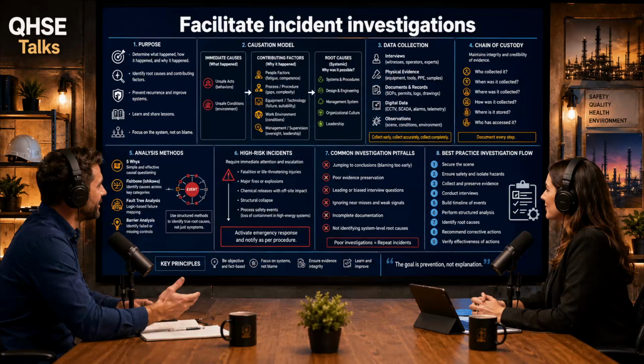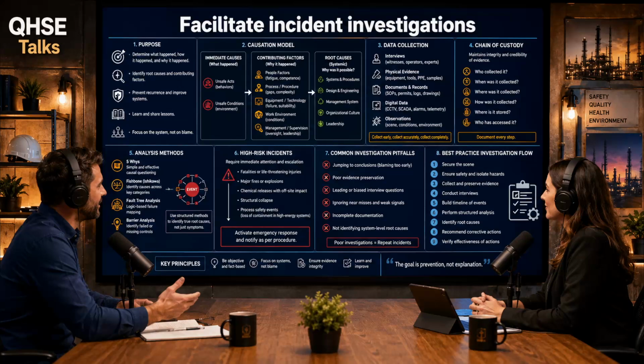By identifying and addressing the root causes of personnel errors or equipment failures, you develop highly leveraged solutions. Leverage is key. These solutions reduce the frequency and consequences of entire categories of incidents across the enterprise, not just the specific one that triggered the investigation. You aren't just fixing the broken machine, you are fixing the broken organizational system that created the conditions for the machine to break. Perfectly said.